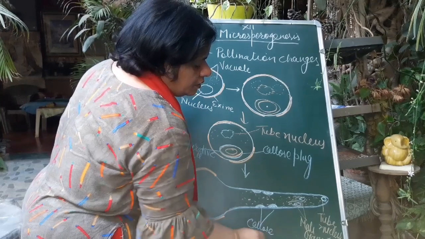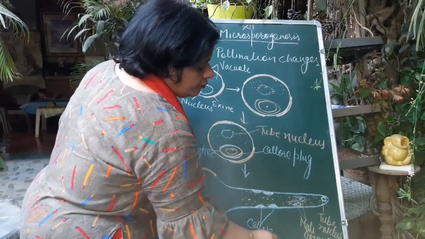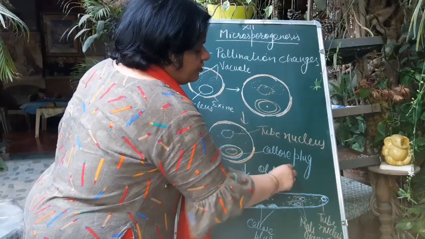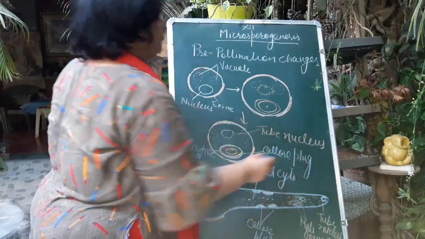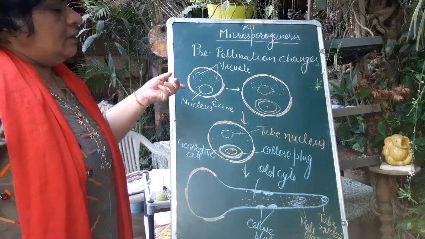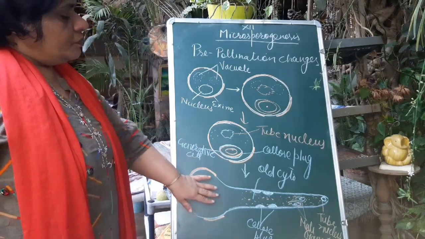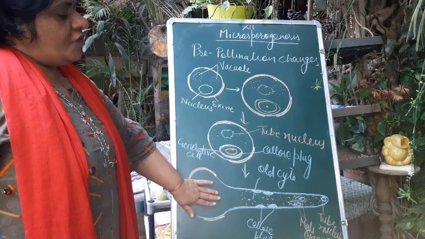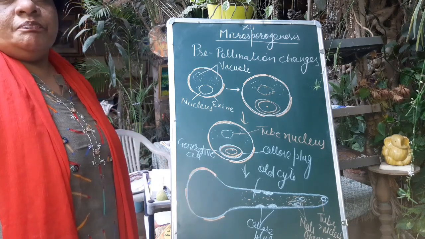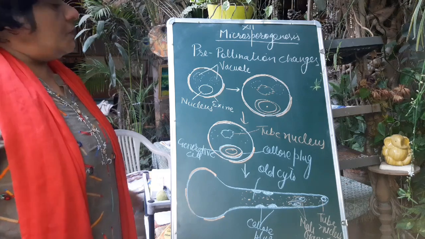And this is old cytoplasm, that is vacuolated cytoplasm. This is all about the change of pollen grain into male gametophyte. This last structure is called male gametophyte.